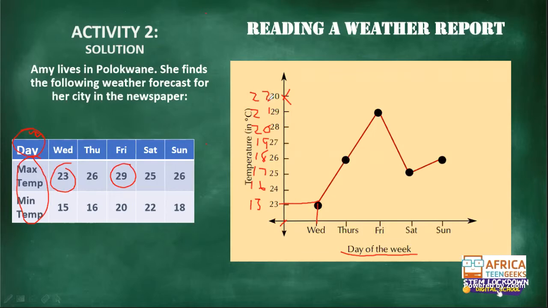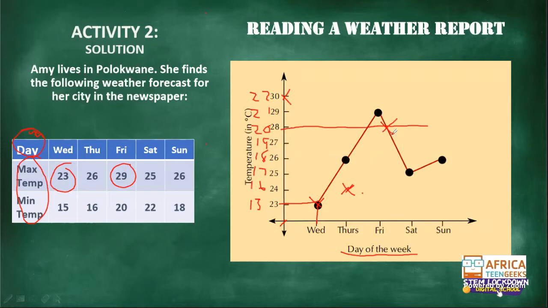Okay, so let's pretend 15 is down here, so let's mark that with an X over here on Wednesday. 16 on Thursday, so 16 would be over here. Friday, it goes all the way up to 20. So Friday will be over here. Saturday, 22.